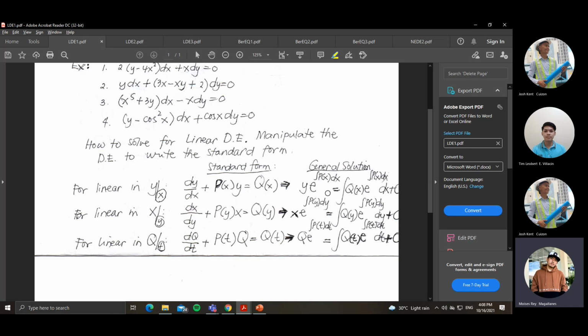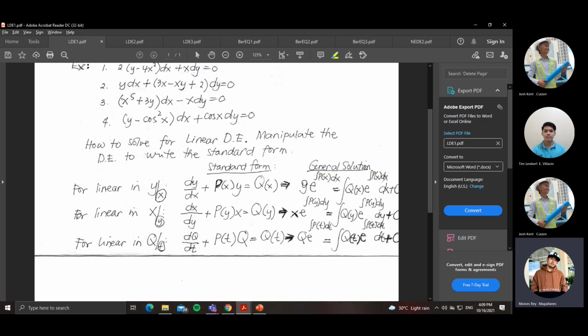The general solution we read as e raised to the integral of p of x dx, times y, equals the integral of q of x times e raised to the integral of p of x dx, dx, plus c. What we should also note is what comes first: the dependent variable. If it is linear in y, y comes first. If it is linear in x, x comes first. If it is linear in q, q comes first. The e can exist on the left side or the right side, as we saw earlier, so they are the same.